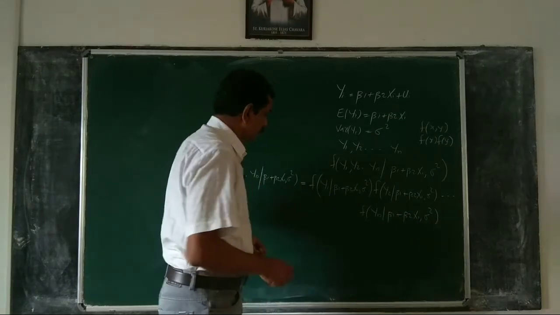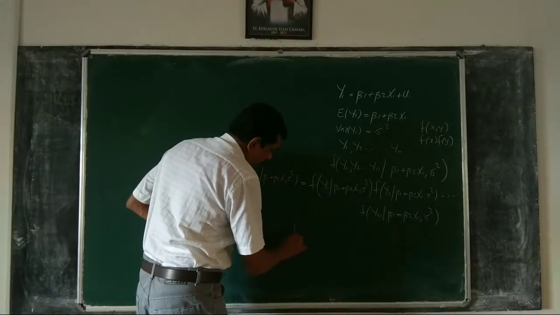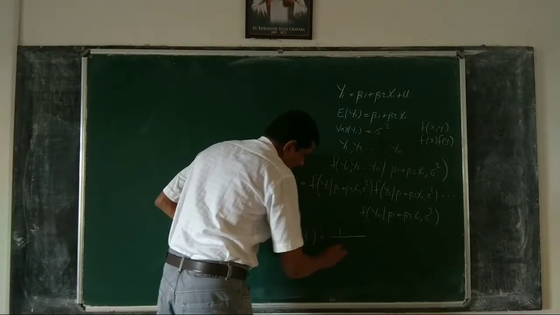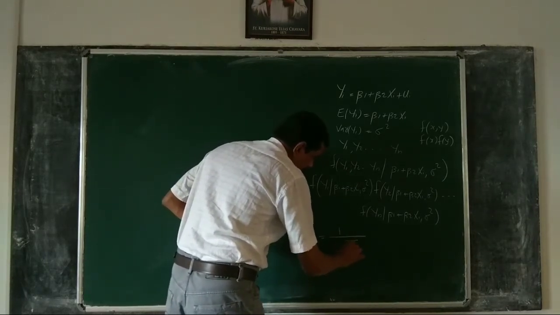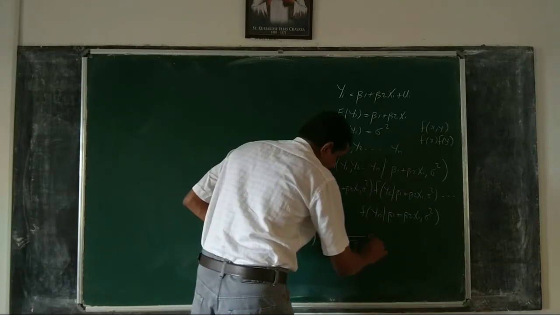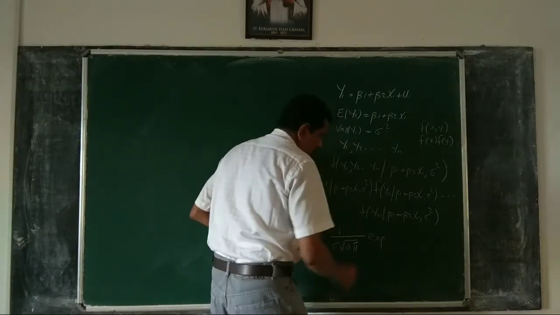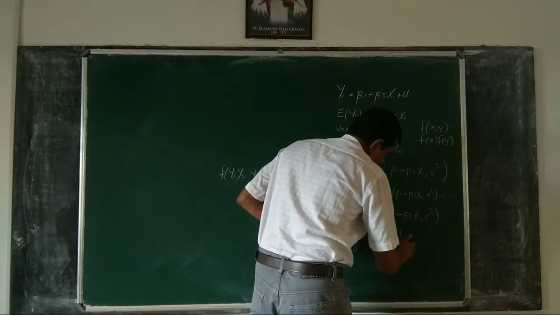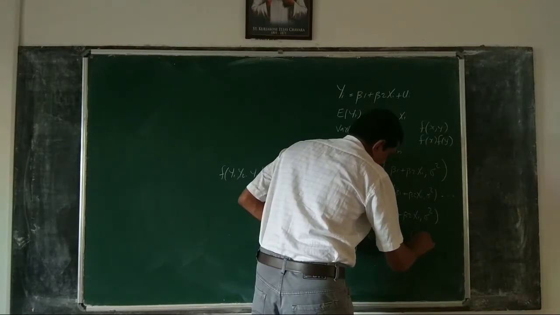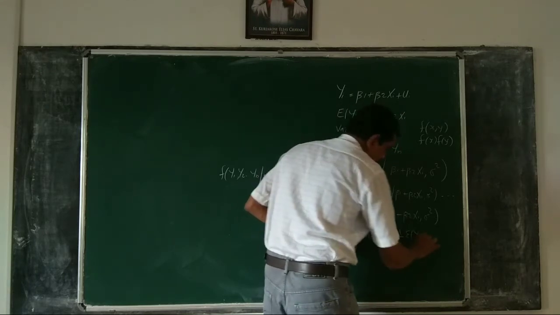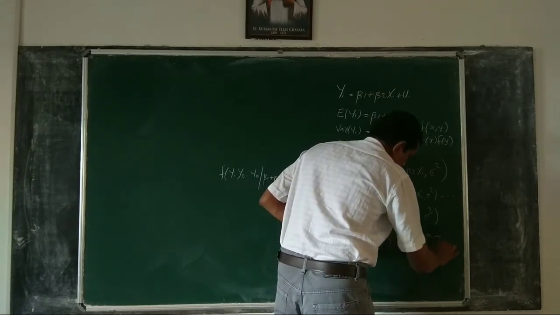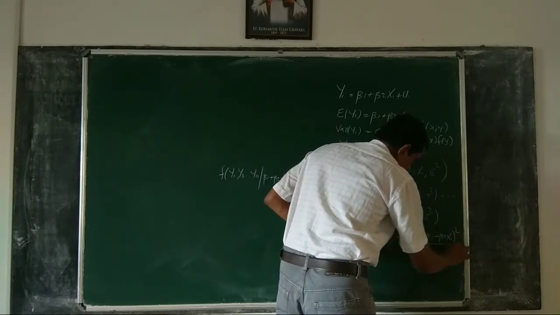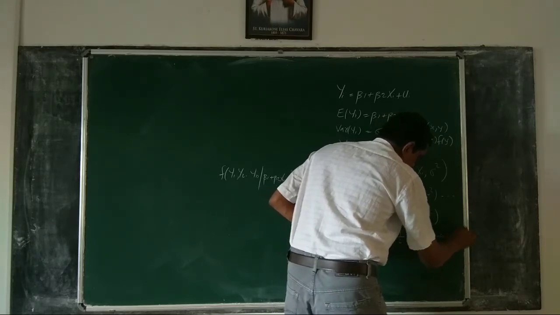where f of Yi is equal to 1 by sigma root 2 pi times exp of minus half into (Yi minus beta 1 minus beta 2 Xi) whole square by sigma square.